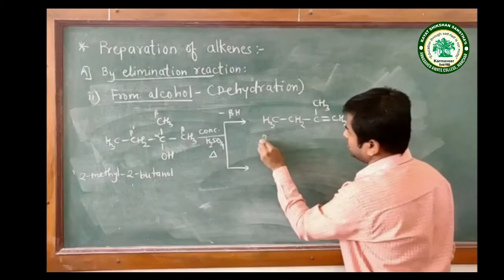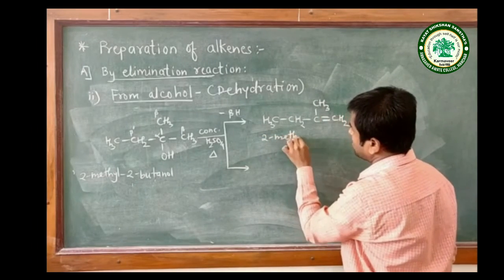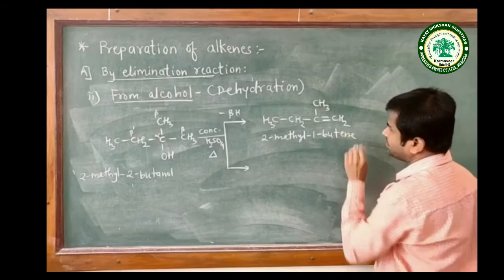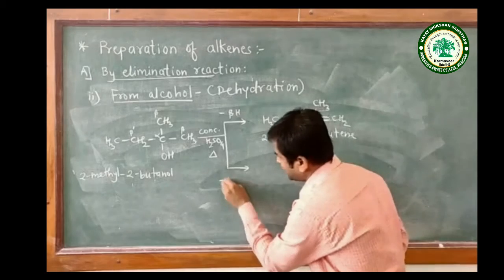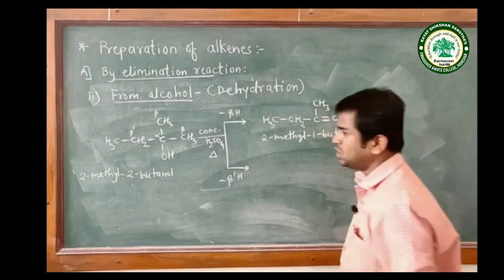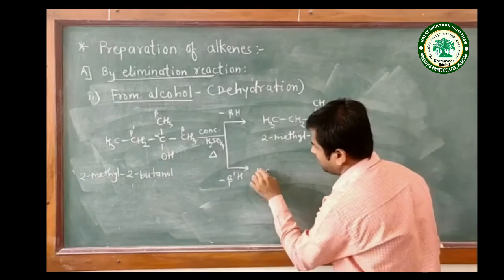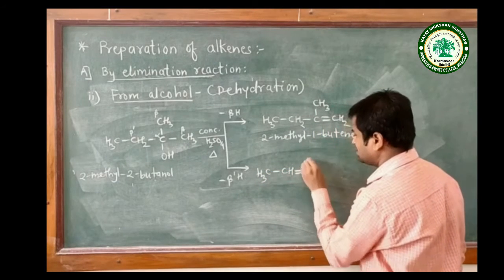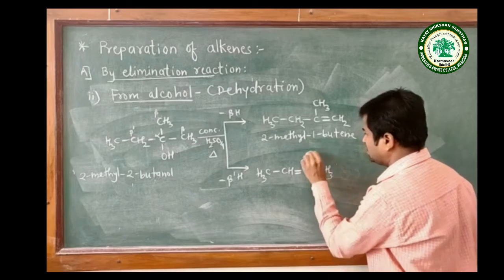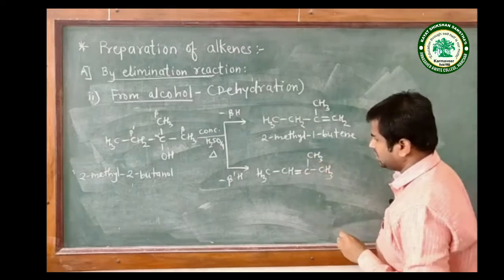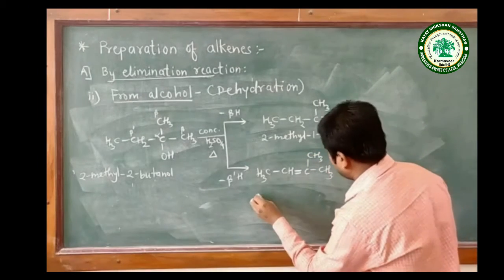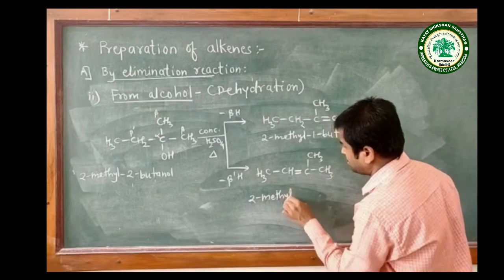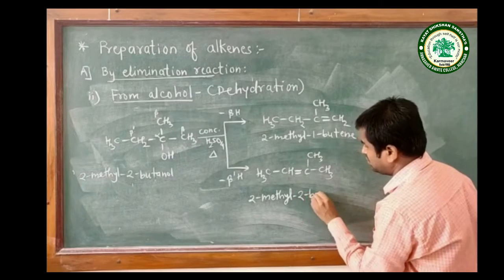Okay, so this is 2-methyl-1-butene, and if beta hydrogen, beta prime hydrogen is lost, the product obtained is this one. It is 2-methyl-2-butene.